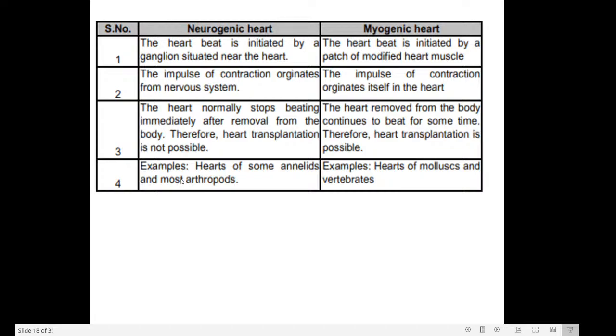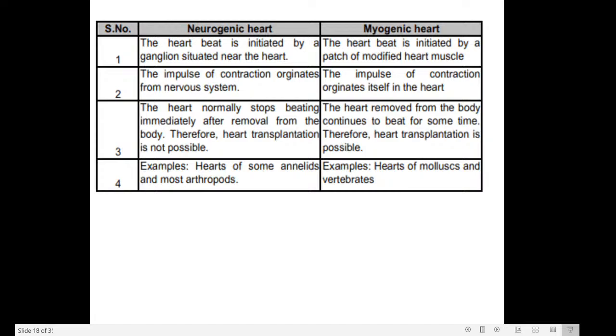Examples of the neurogenic heart are some annelids and most arthropods. Examples of the myogenic heart are all vertebrates and molluscs. The annelids and arthropods don't have a myogenic heart; they have a neurogenic heart.